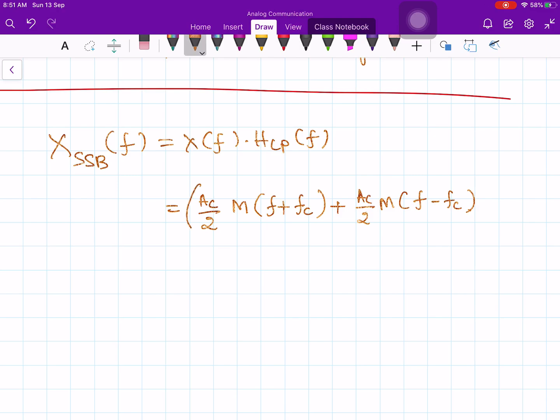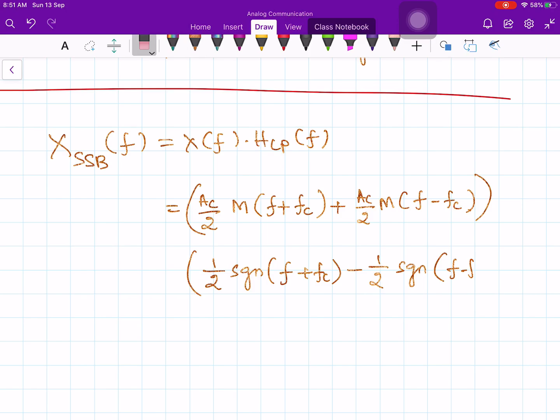The whole thing is multiplied by your low pass filter. What is your low pass filter? Half times signum of f plus fc, advanced component, minus delayed component, 1 by 2 signum of f minus fc.